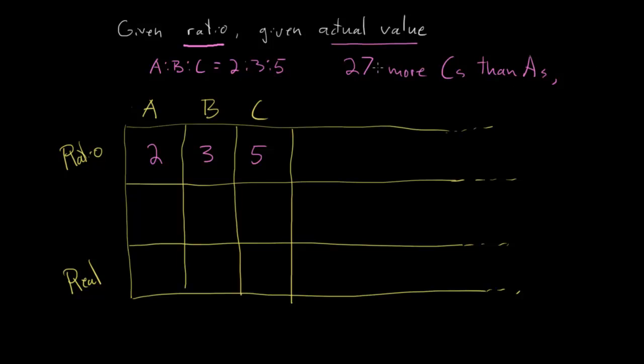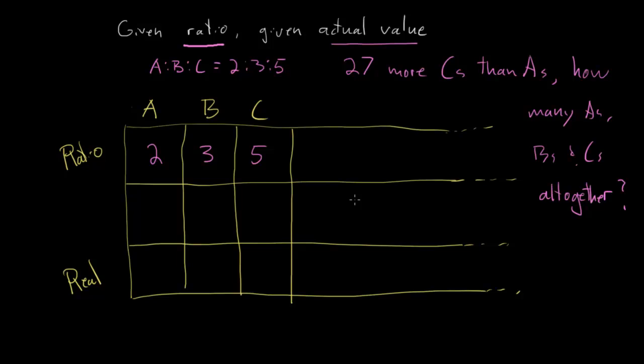And maybe I'll change the question a little bit. Rather than asking for the number of apples, I'm going to ask how many apples, bananas, and cherries all together does he buy? So this time I'm giving a difference, right? 27 more cherries than apples, and I'm asking for the total.